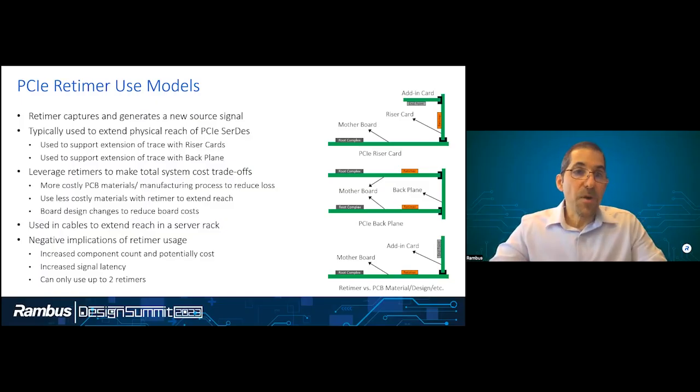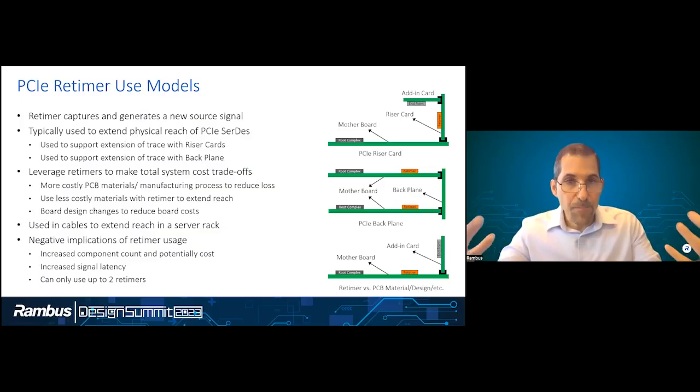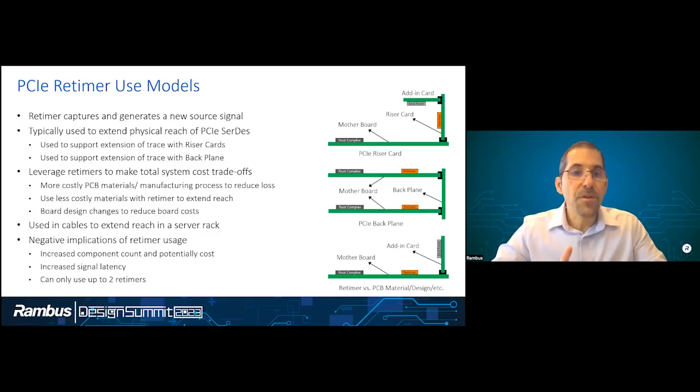The other use model for retimers is to make total system cost trade-offs. Ultimately, the whole system has some price associated with it, and the components of that price vary, but moving to a higher data rate like in Gen 6, as I mentioned, means more costly PCB materials and a more costly manufacturing process.